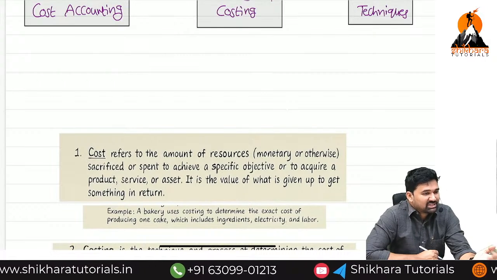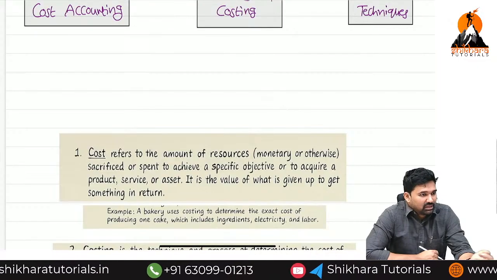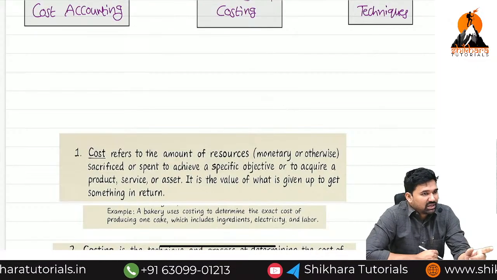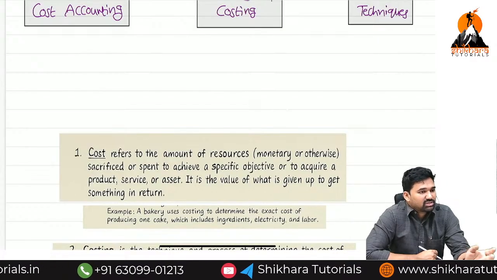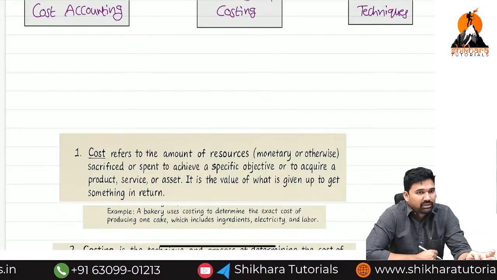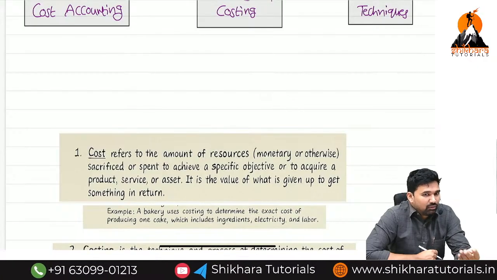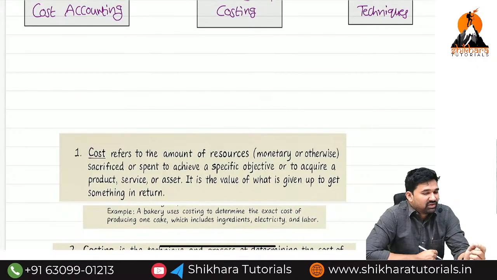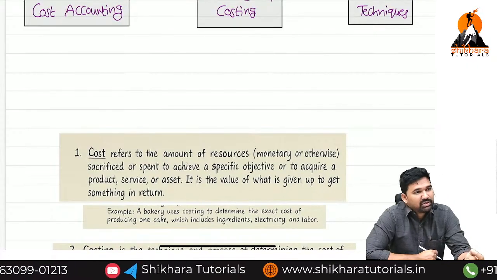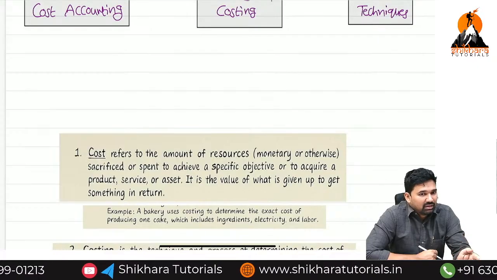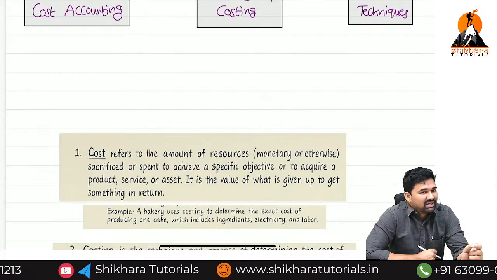For example, that study chair is there. In order to finish that product, what kind of materials have been used? Sponge has been used, iron has been used, wood has been used, and for finishing purposes paint has been used, and screws have been used, and ultimately for assembly purposes welding expenses will be there.